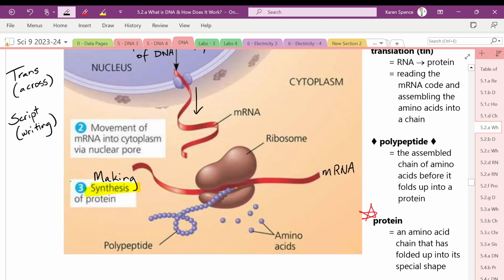And the process of making a protein is called translation. Can you think of a time when you might have to translate something?